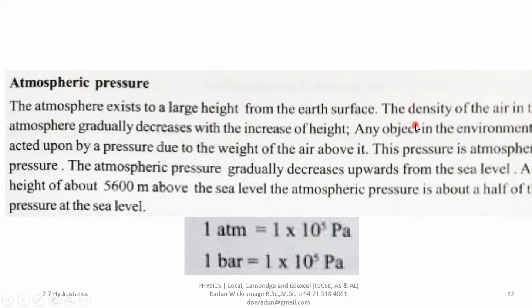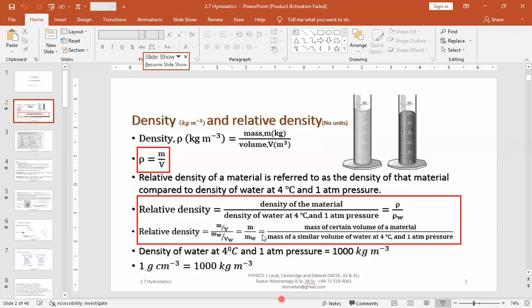The density of the air in the atmosphere gradually decreases with the increase of height. You might be wondering why it is so. It is the same principle we have discussed about height and density comparison, right?